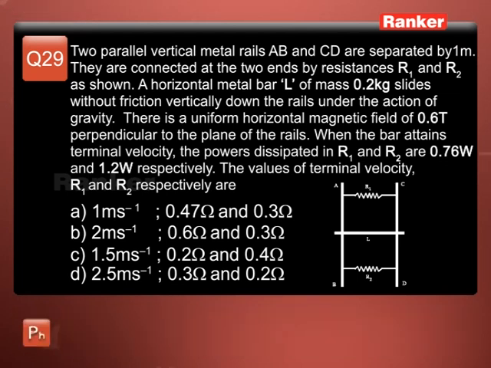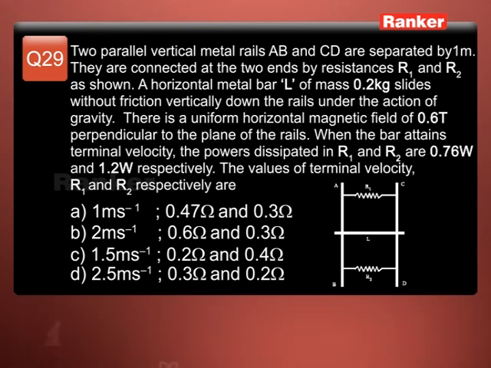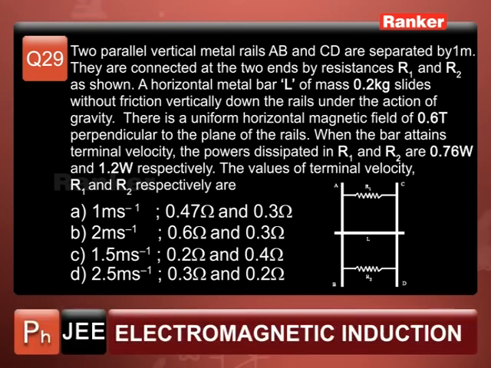There is a uniform horizontal magnetic field of 0.6 Tesla perpendicular to the plane of the rails. When the bar attains terminal velocity, the powers dissipated in R1 and R2 are 0.76 watt and 1.2 watt respectively.